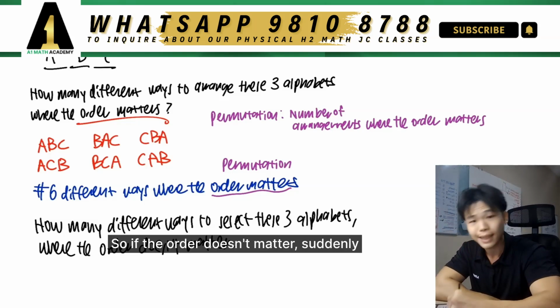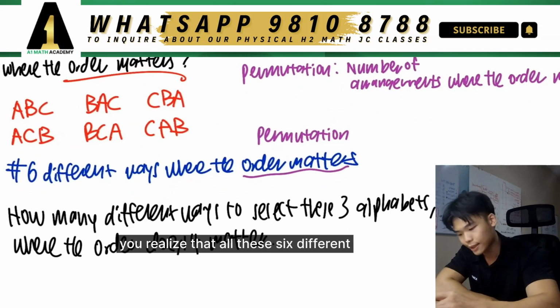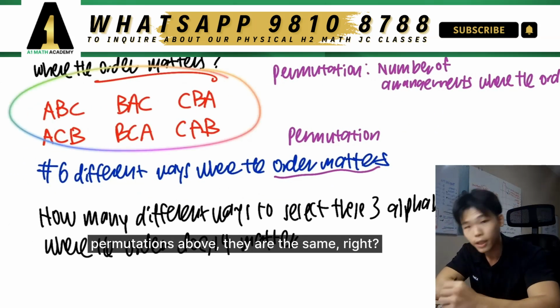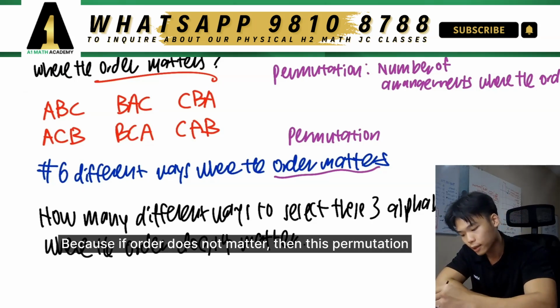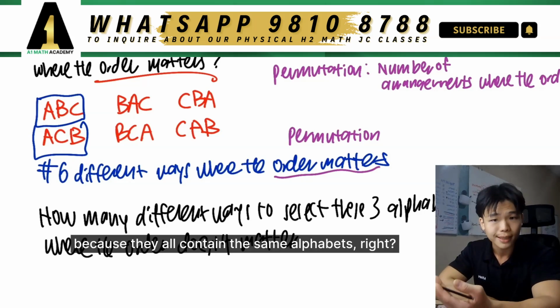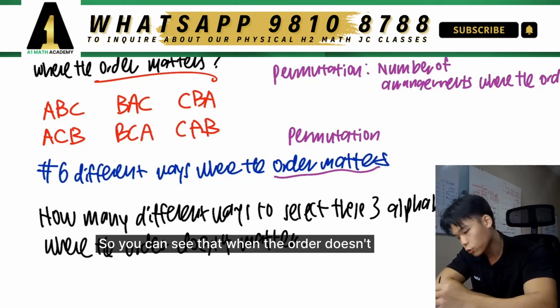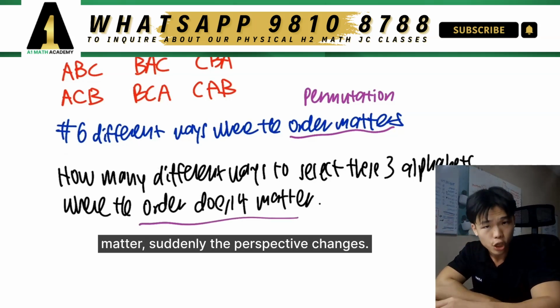If the order doesn't matter, suddenly you realize that all these 6 different permutations above are the same. Because if order does not matter, then this permutation and this permutation are exactly the same because they all contain the same alphabets. So when the order doesn't matter, suddenly the perspective changes.